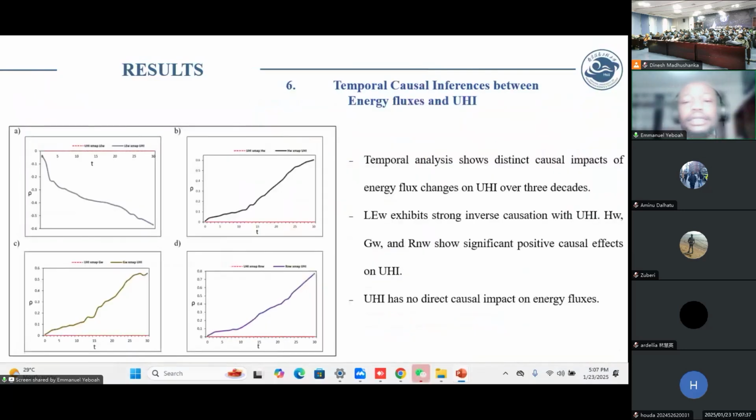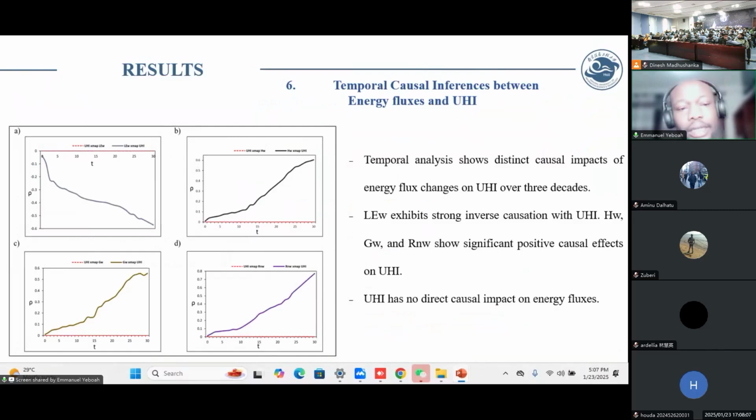Now, these are the results for the causality analysis. This is the temporal causality inference, which shows direction and magnitude. From the diagram, you can see that the red dashes show the influence of UHI on the energy fluxes. So for instance, in A, the red dashes mean that UHI, or urban heat island, is influencing latent heat.